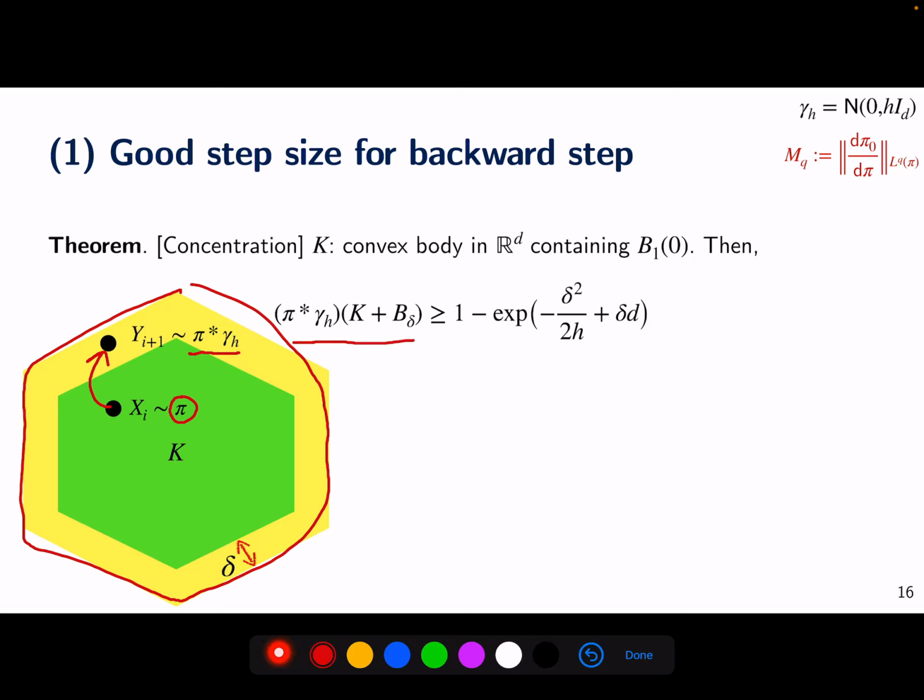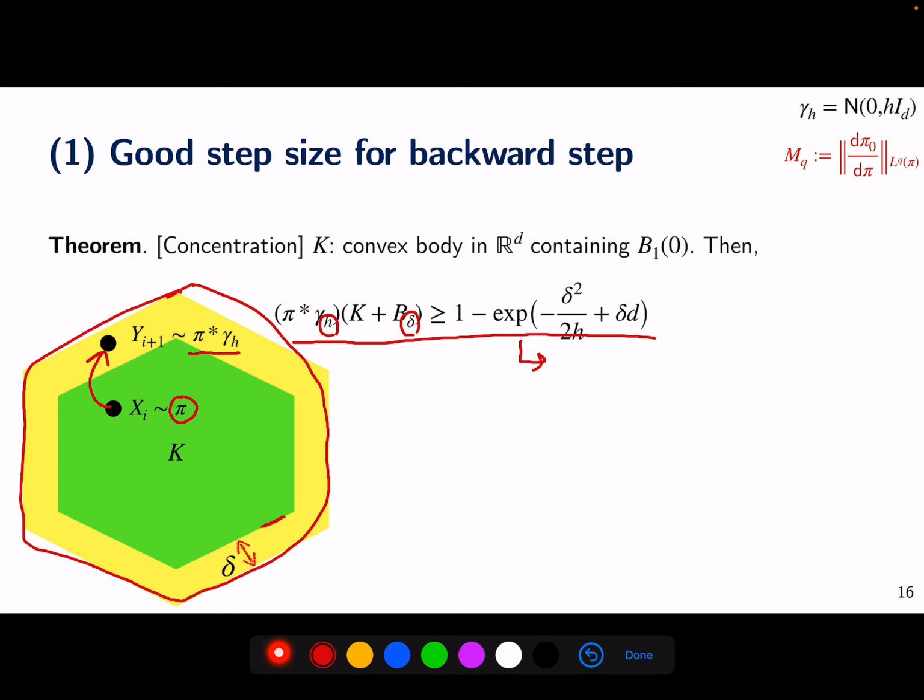What this inequality says is how far we should go from this K, which is delta, to recover most of the mass of the forward distribution. I want to find delta and h such that after taking the forward step, most of the forward mass appears in this yellow region plus this green region with probability 0.99.